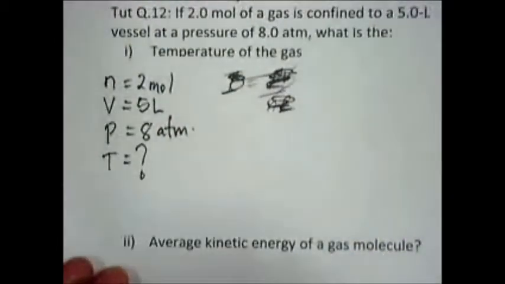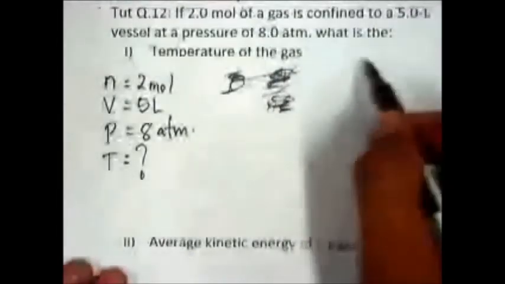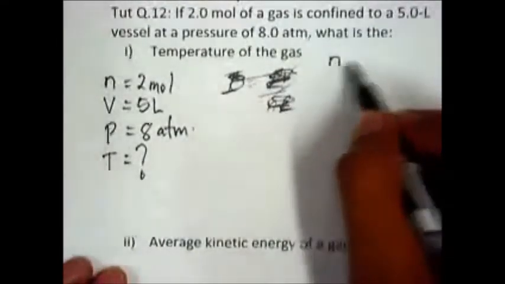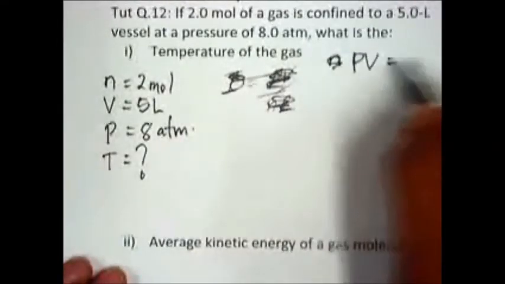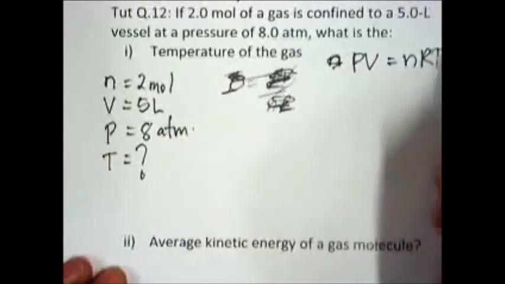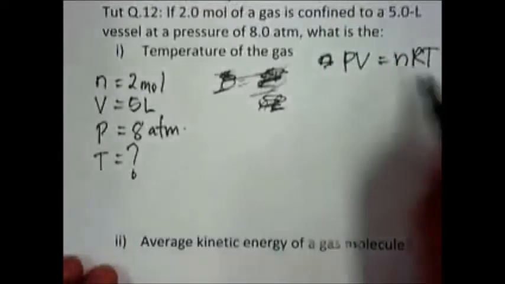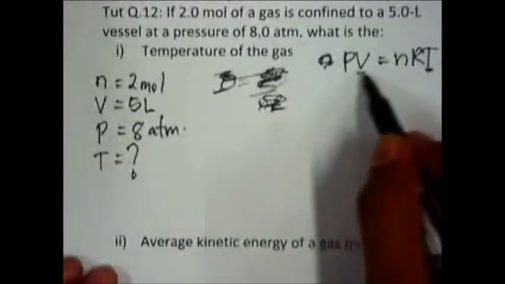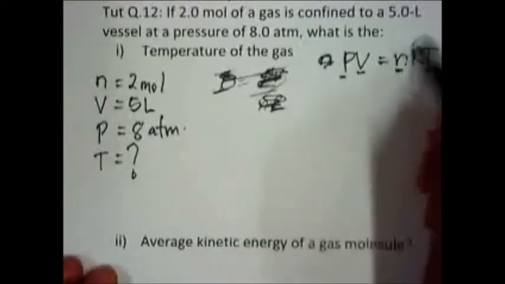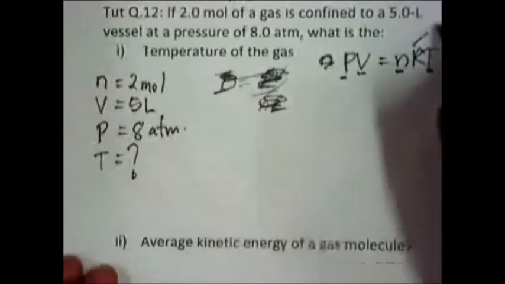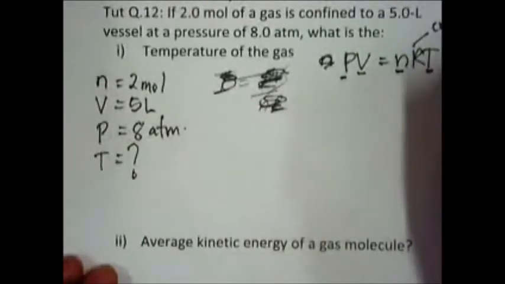Okay. Now if you look at this, the best formula to do that is PV is equal to nRT. Okay. Because you have your T there, you have P and V, and your R is a constant.